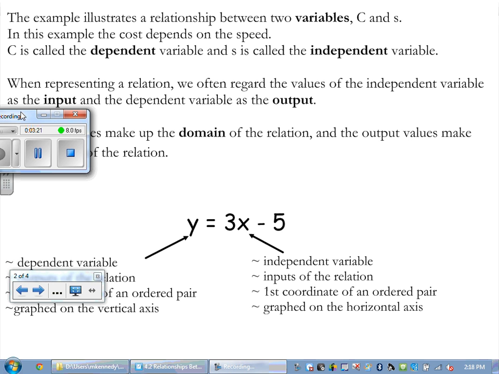You're close. Flip it. You got it, Dustin. Other way. All functions are relations. Right. So what makes a relation a function?